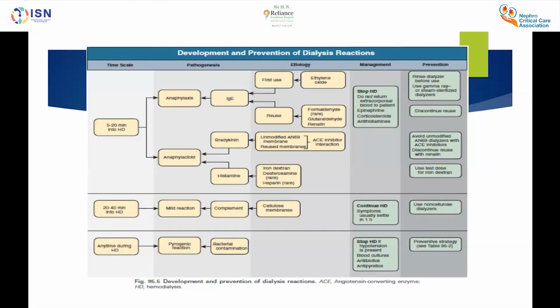And the third type of dialysis reaction can happen at any point of time during the dialysis, which can be a pyrogenic reaction due to bacterial contamination. So you stop the dialysis, send blood cultures. If hypotension is persistently there, escalate the antibiotics and give antipyretics.